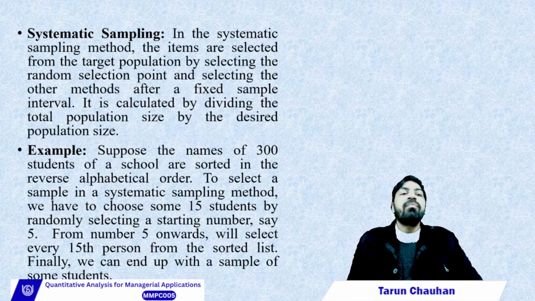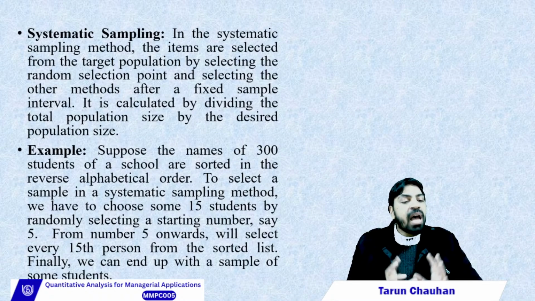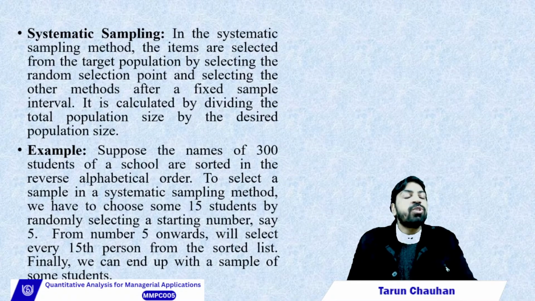The next type of probability sampling is systematic sampling. When we talk about the systematic sampling method, all the items are selected from the targeted population, where the target population is based on gender, income group, or occupation group, by selecting through a simple random method, or any other method, after fixed sample intervals.